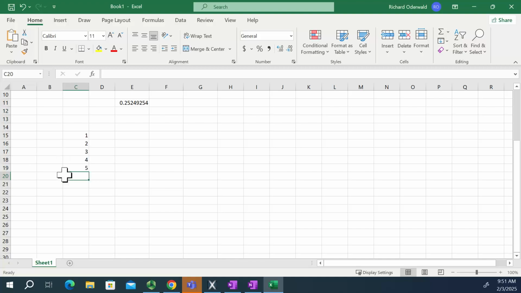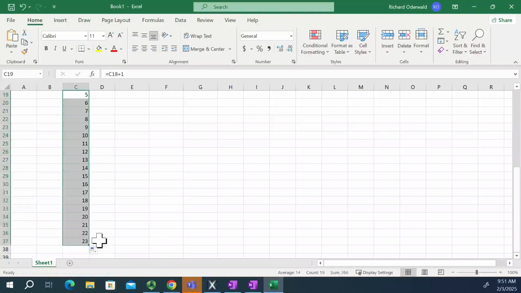It's 5. And I copy that down. Each of these is the previous one plus one added to the one before. You can do this with the fill command or just add it up.